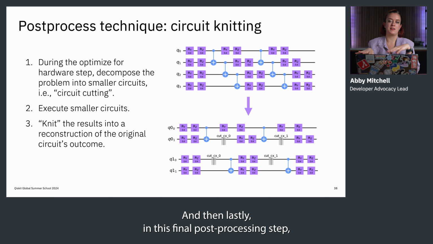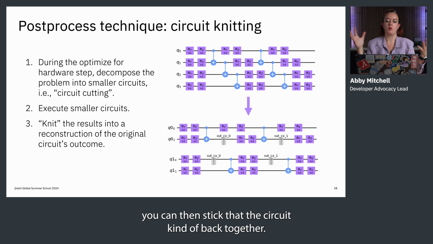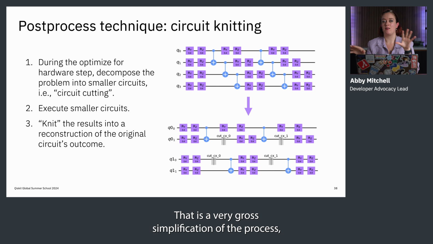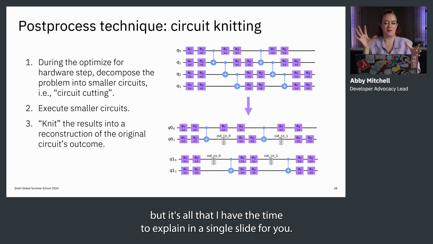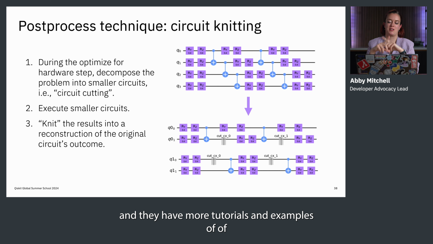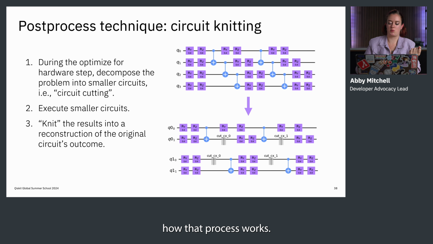And then lastly, in this final post-processing step, you can stick the circuit back together to reconstruct what the original circuit outcome would have been. That is a very gross simplification of the process, but it's all that I have the time to explain in a single slide for you. I really recommend going and looking up the Circuit Knitting Toolbox, and they have more tutorials and examples of how that process works.